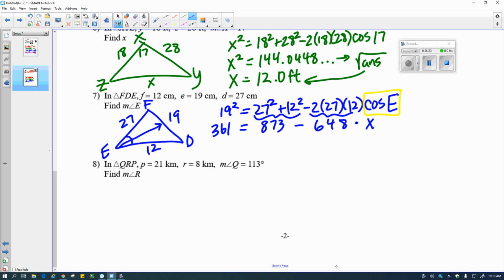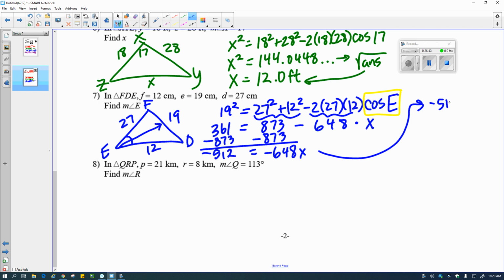I have to solve this like an algebra equation, meaning I have to get rid of that 873. And then get the x alone by dividing the negative 648 out.